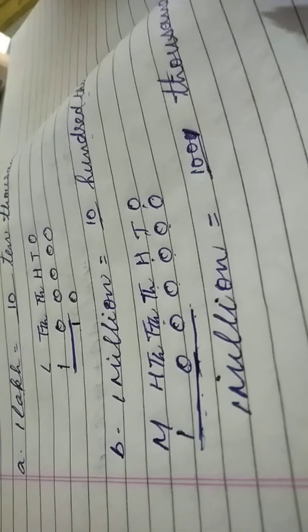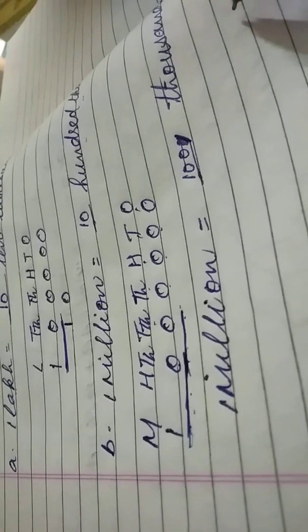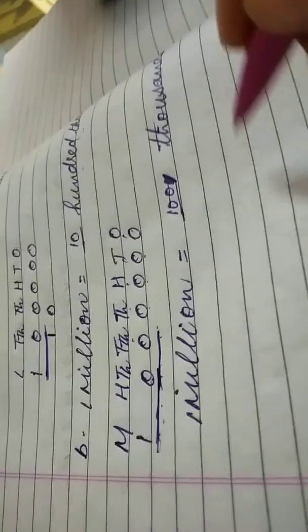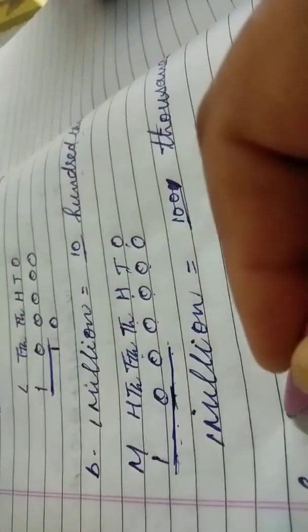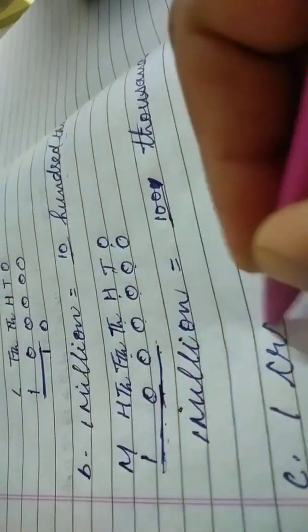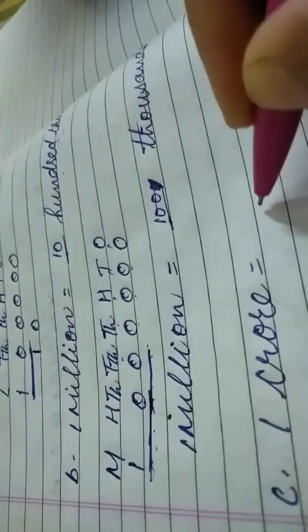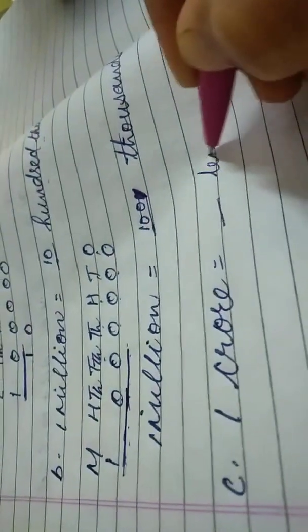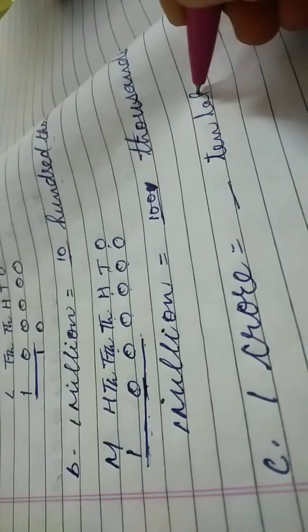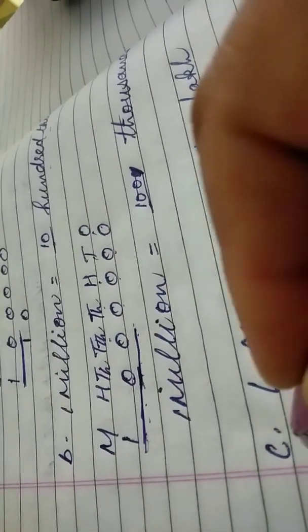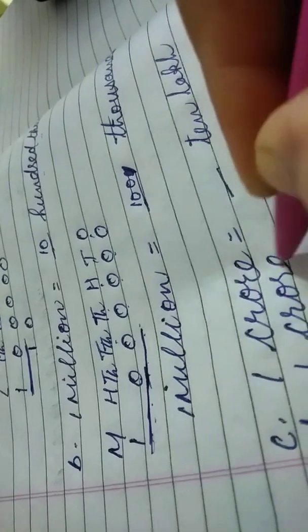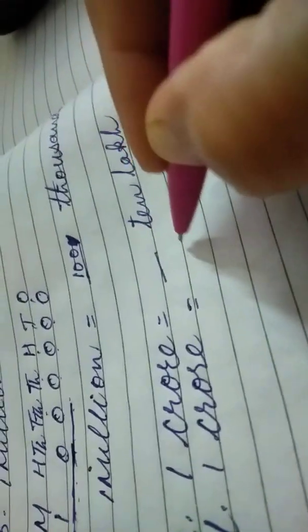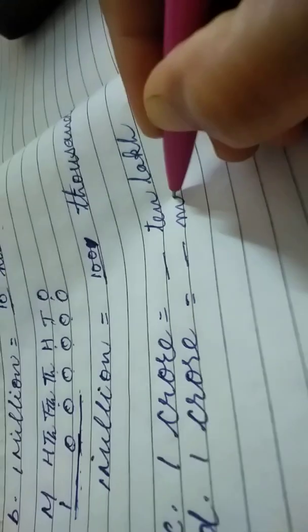Now this is fill in the blanks of exercise 1.1. There are 5 questions. 2 we have already done, 3 are remaining, and those 3 you have to do. I am writing down the questions over here that you will have to do. C, 1 crore, this is of Indian number system, is equal to dash 10 lakh. D, 1 crore is equal to dash million.